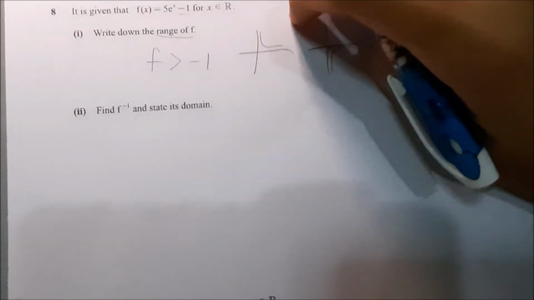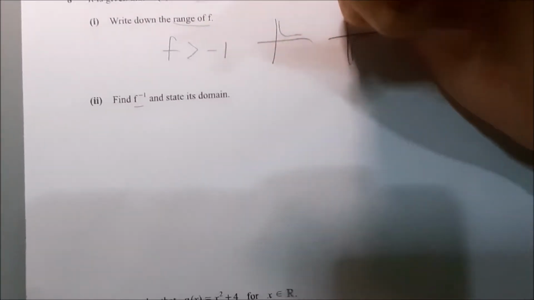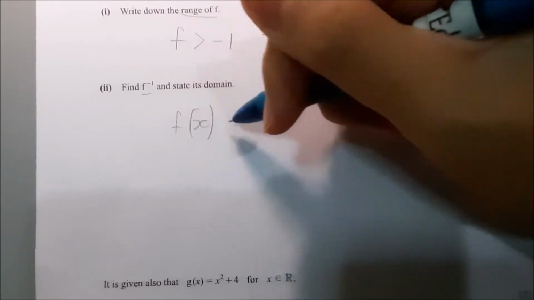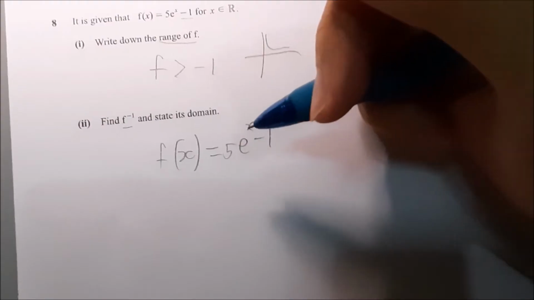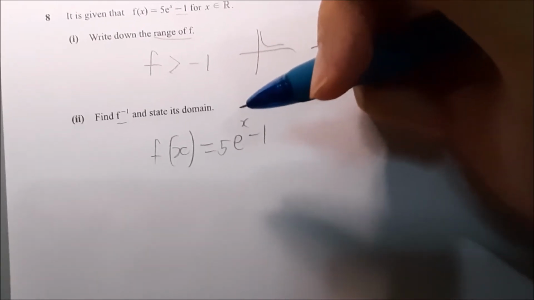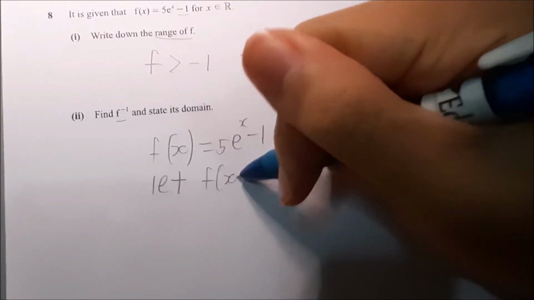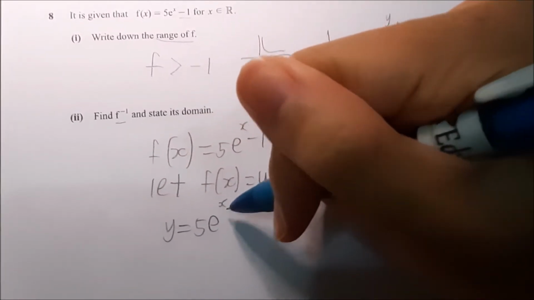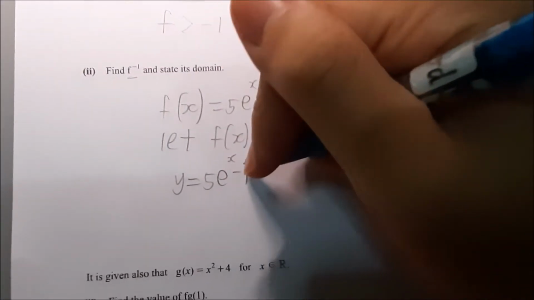Part 2. Find the inverse of f and state its domain. The inverse of f can also be written as f^-1. To start off, you first write the original equation. Then you make f(x) equal to y, so that it is easier for you to move around the numbers.